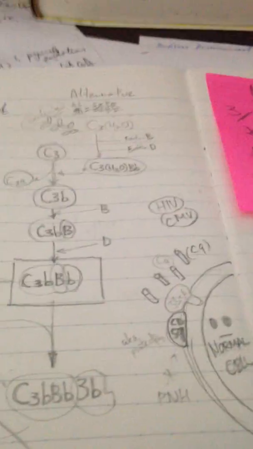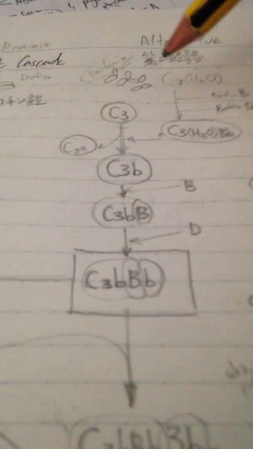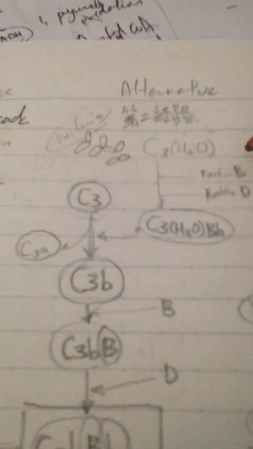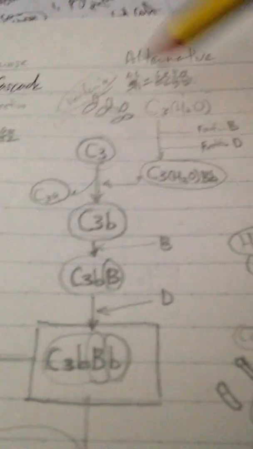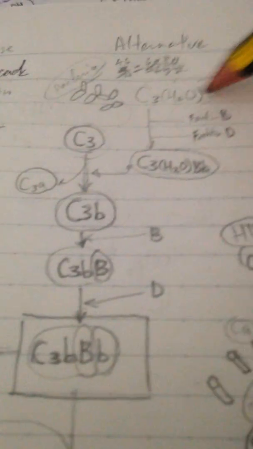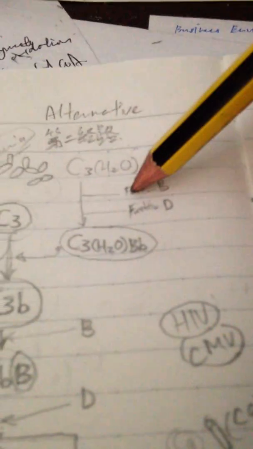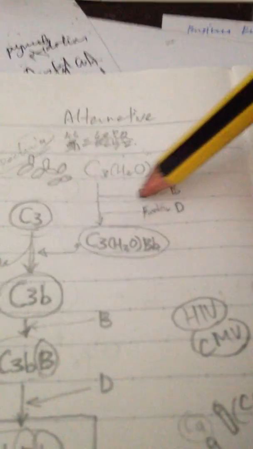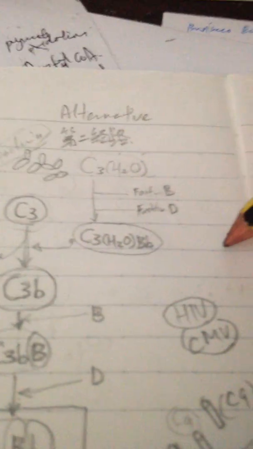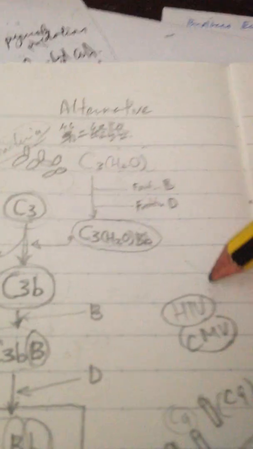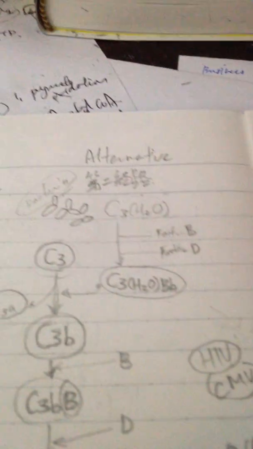The alternative pathway, on the other hand, is slightly different. In the alternative pathway, you don't need an antigen-antibody complex. What it needs, however, is circulating C3, which is combined with H2O, water, and it also needs factor B and factor D. Usually, without the presence of pathogens, this will just disintegrate by itself and nothing will happen.